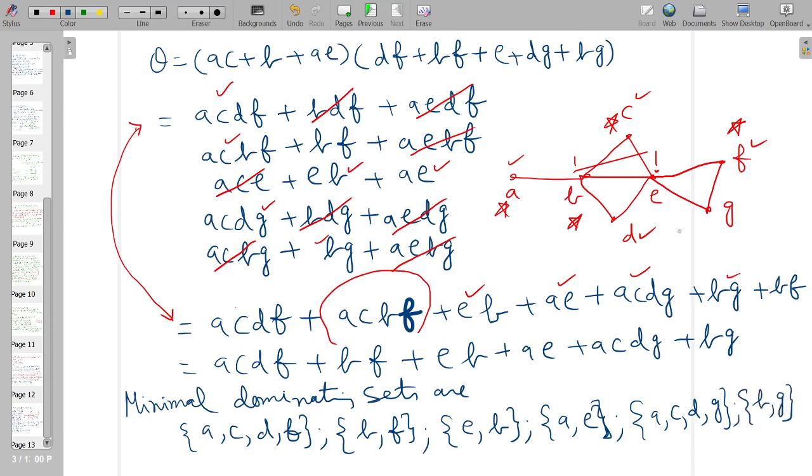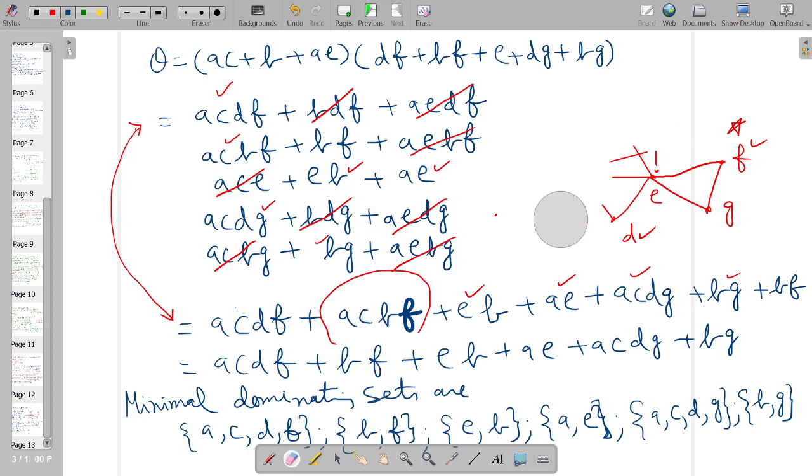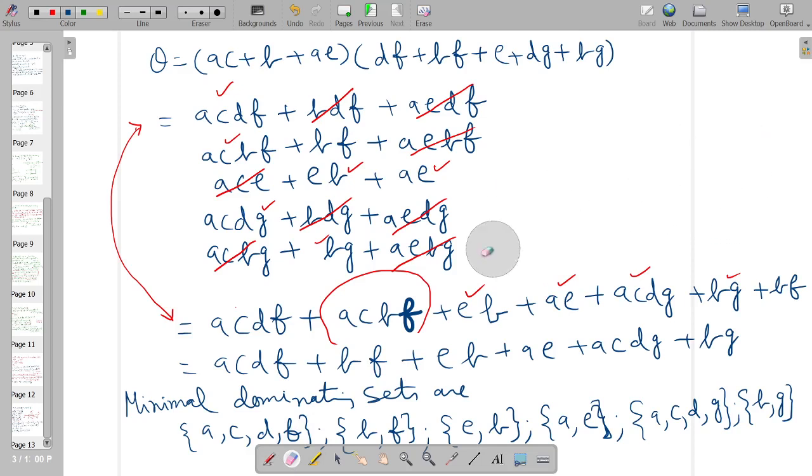Okay, now let me again redraw this graph so that we can have a better understanding. It will be clear for doing the calculations.